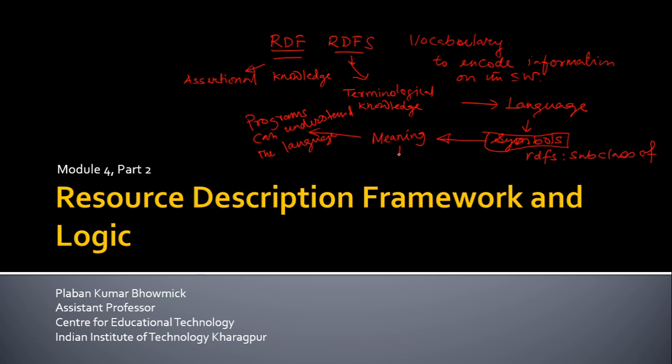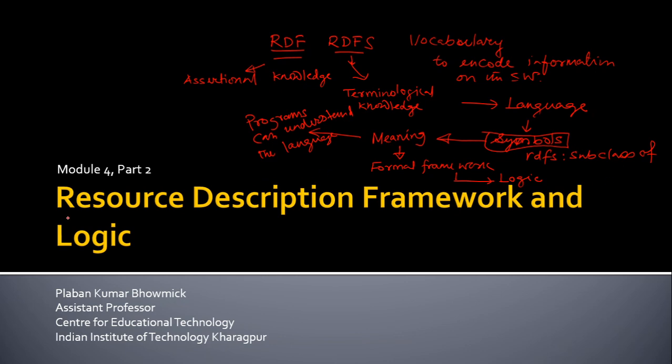And what is the best way to ascribe meaning to these symbols? You need to have a formal framework. Basically, logic, which we studied in module 3, specifically first order logic or similar formalisms, provides formal meaning to the symbols.